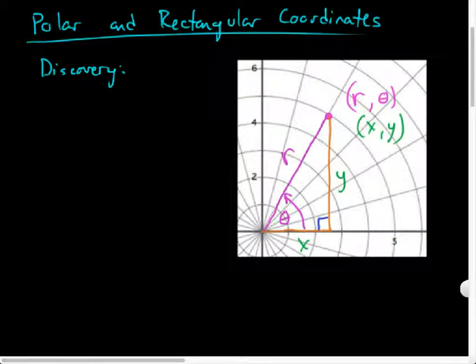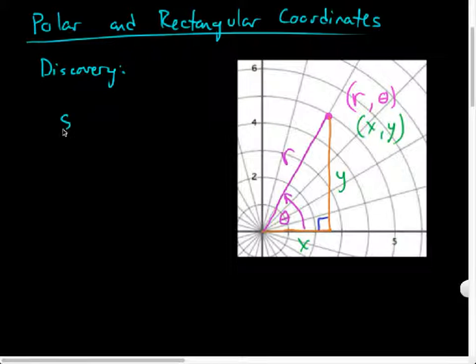So discovery, here we go. Is there a relationship between x, r, and theta that I could derive? Well, it's a right triangle. And from this angle's perspective, x is the adjacent leg, and r is the hypotenuse.